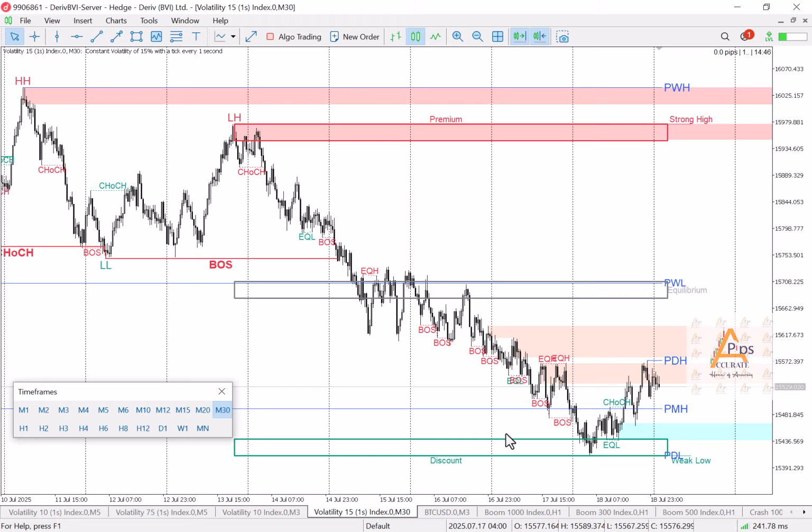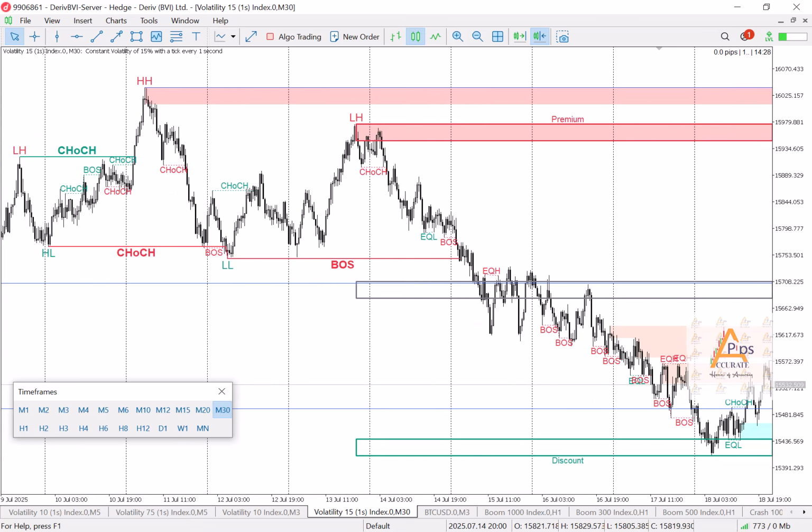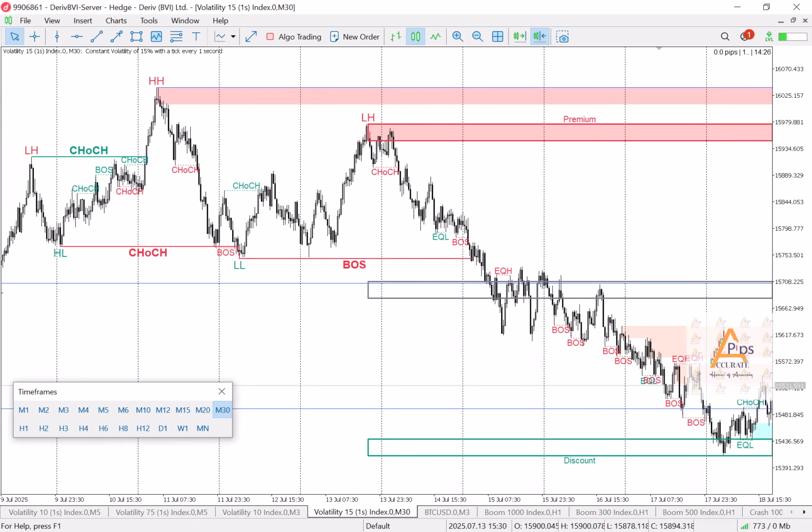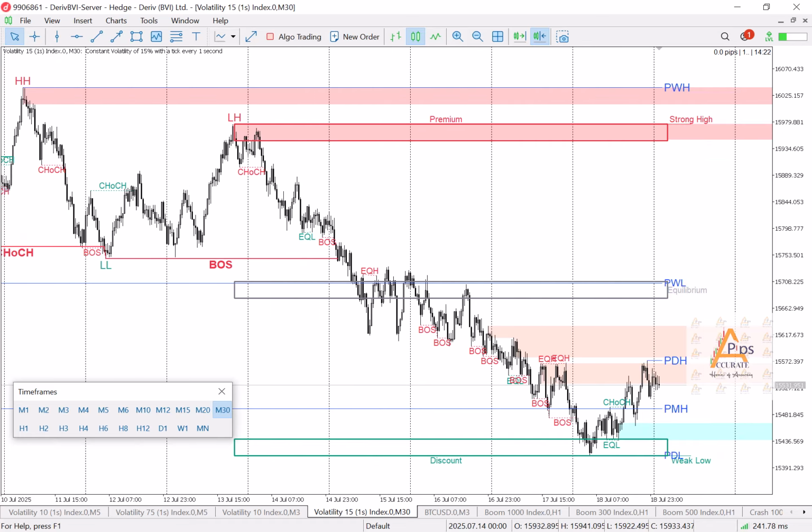All right. So now on M30, we can see that the market is bearish. Overall structure is bearish. As you can see, you have the bold bullish structure, bearish structure. You can see BOS here is bold, change of character bold, and then the internal is also bearish.